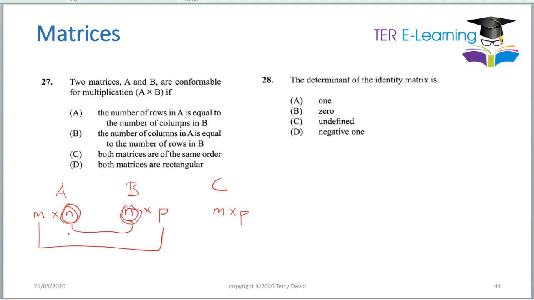This number here in A is the number of columns in A. And this N here represents the number of rows in B. So like you all said, the answer is B: the number of columns in A and the number of rows in B. You all are making me proud here.